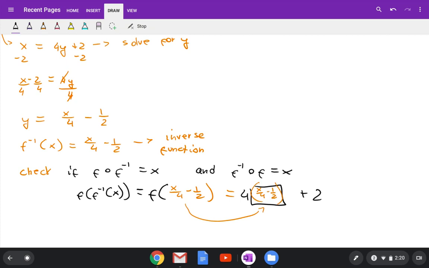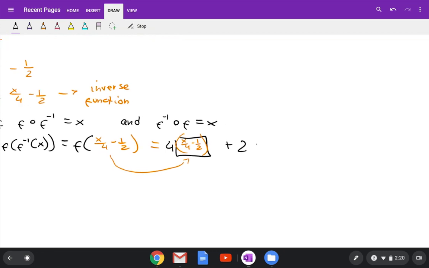Okay, let's simplify that. So we're getting 4 times x over 4 plus 4 times negative 1/2 plus 2. So I distribute 4 to both. That will cancel. We're getting x. 4 times negative 1/2 will give you negative 2 plus 2. They will cancel, so definitely we're getting x.